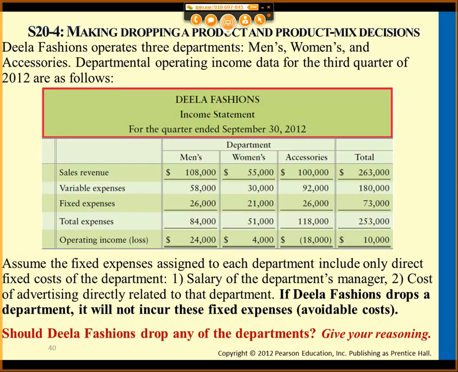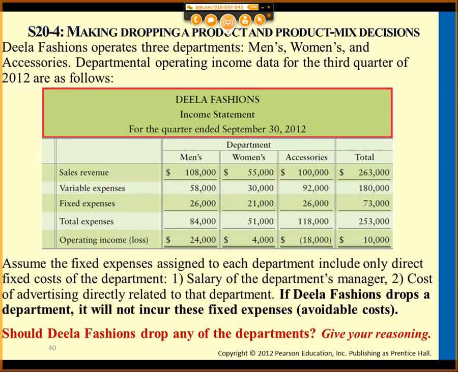Accessories is operating at a loss. So, okay, would you be dropping accessories, men's, or which one? Would you be dropping it or would you be keeping it? I would drop accessories, obviously at a loss. All right. Okay, so let's try to drop it. The new operating income would be 38,000, right?